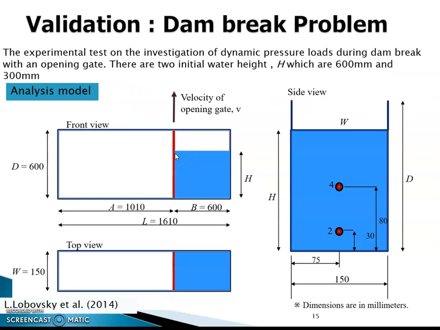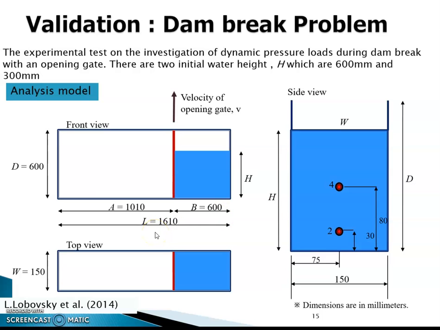Then we make a validation with the dam break problem, and this experiment was carried out by Lobovský in 2014, and we did the same geometry as the experiment, and also with the opening gate velocity.